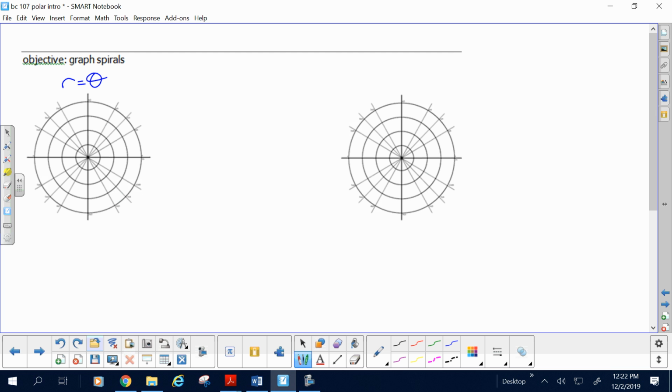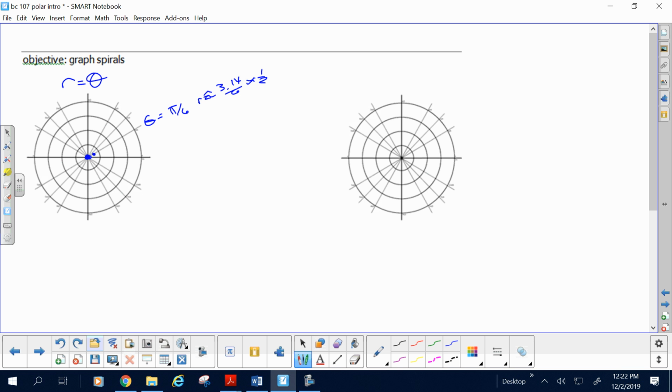When theta is 0, r is 0. When theta is pi over 6, r is pi over 6. Now, it's hard to go pi over 6 in terms of rings. So pi over 6 is about a half, yeah? Yes. Pi over 6 is about 3.14 over 6, or about a half. So go forward a half a unit.